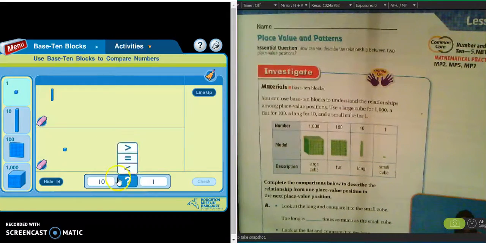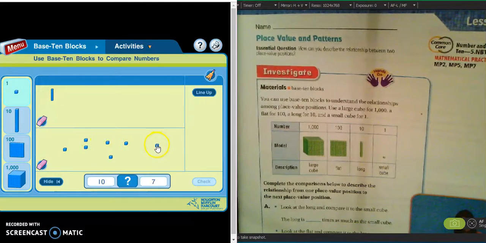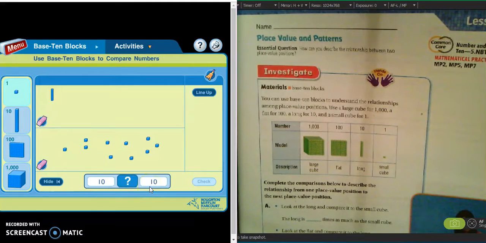So we want our numbers to be the same. So now we have the same. So what is it that we have to do to the 1 in order to get to the 10? Well, we have to have 10 of them.